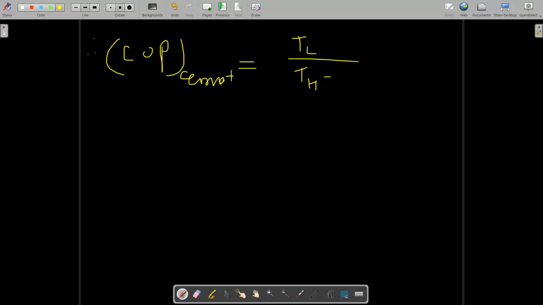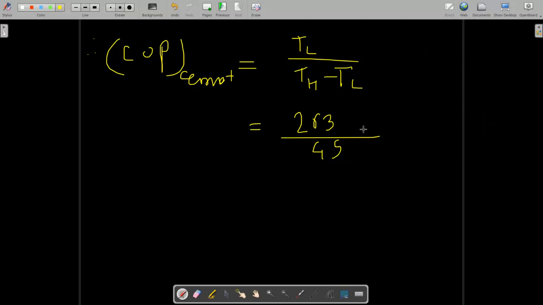Now, the COP of the Carnot cycle. If this is a Carnot cycle, not the actual cycle, it depends only on temperature. It is given by lowest temperature divided by the difference of highest and lowest temperature. Lowest temperature is given as minus 10 degrees Celsius, so it is 263 Kelvin, and the difference is 45 Kelvin, because of 35 degrees Celsius and minus 10 degrees Celsius.